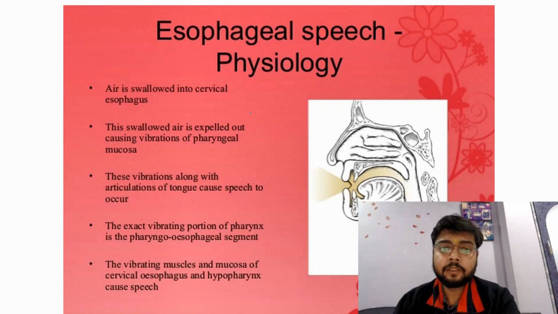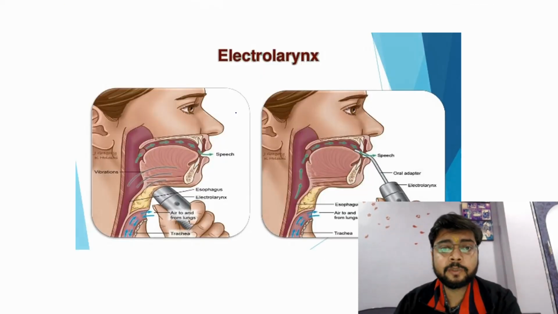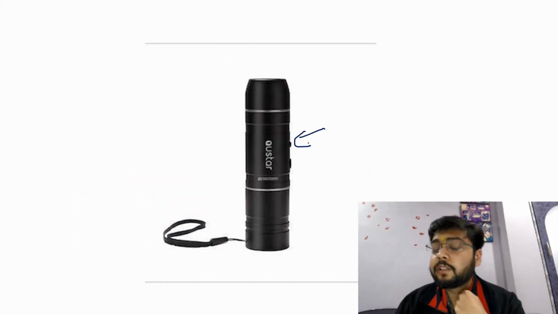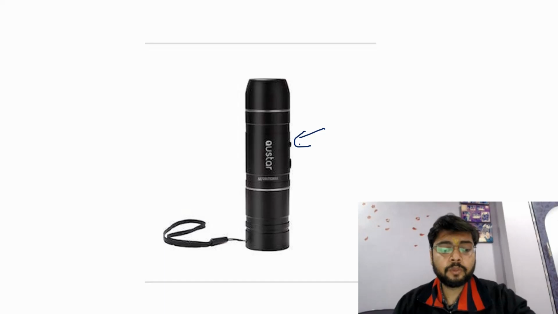And these are different modes of rehabilitation: esophageal speech, electrolarynx. This is the electrolarynx. The patients push or touch it on the neck, which produces some electric signals, so that they are able to speak. But the problem is the voice is very robotic.